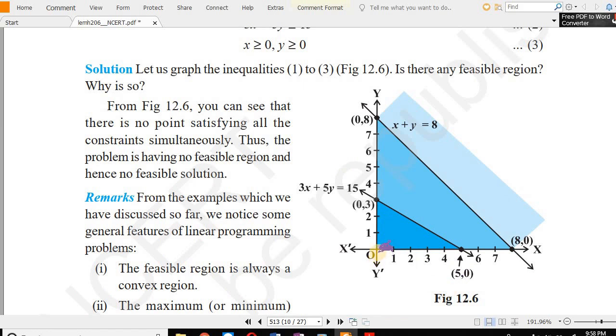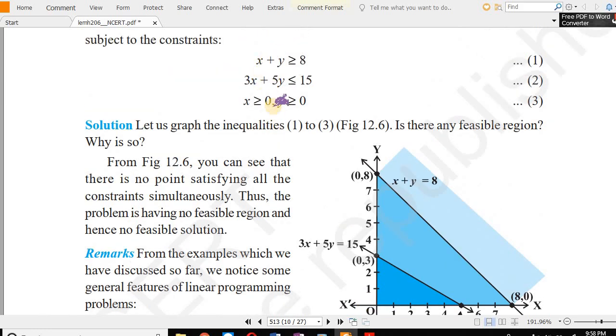We also know that we have to be in the first quadrant. So in fact, there's no point x and y that satisfies all of these constraints. So the feasible region is empty. There's definitely going to be no solution.